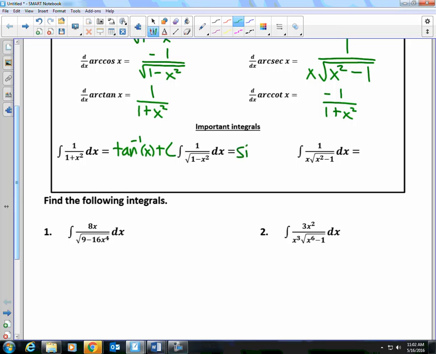Arc sine. And then the last one. Secant inverse plus a constant. Just put negative over.